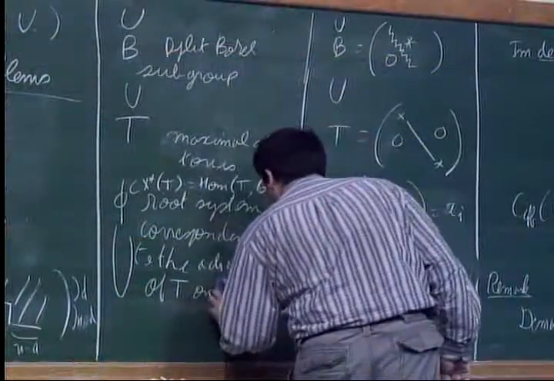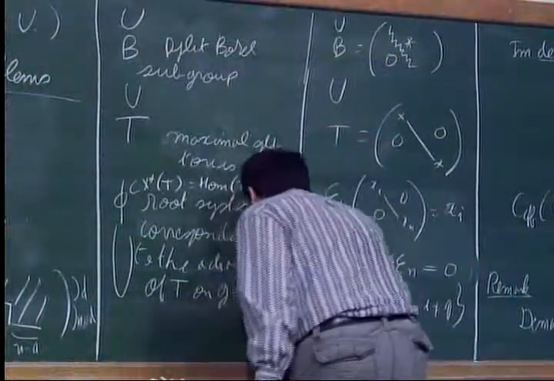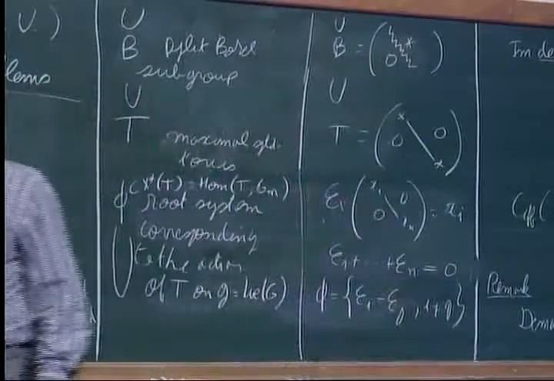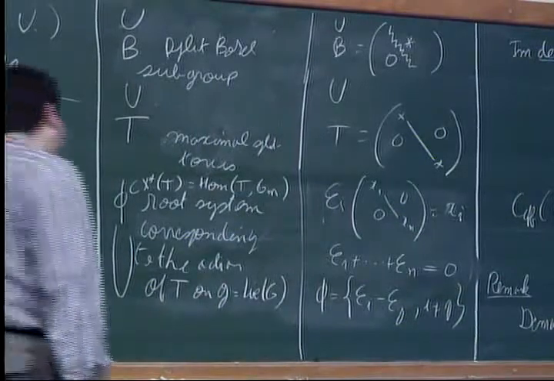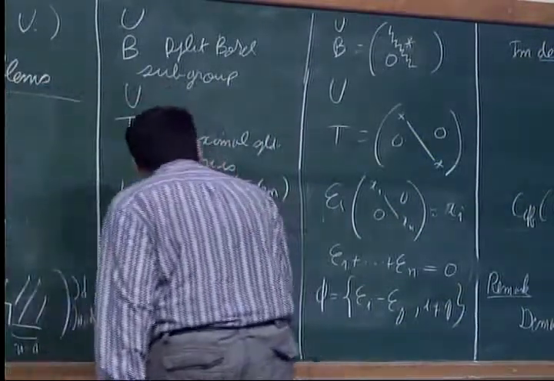What I defined was, on the Lie algebra of G, in that set of roots, there are the positive roots corresponding to the action of T on the Borel subgroup.